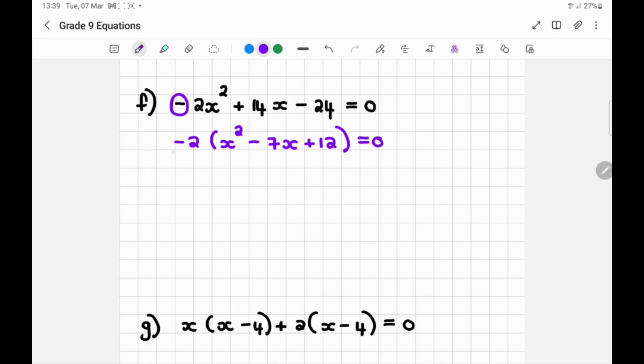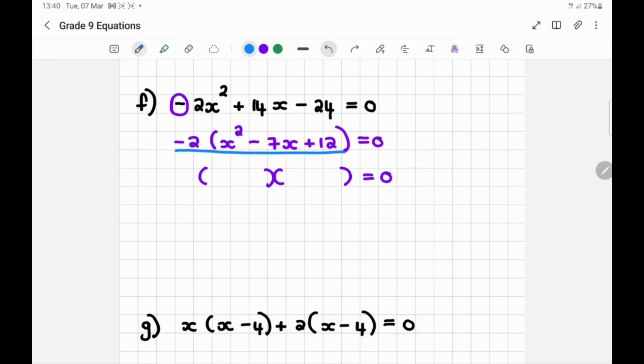So now remember that negative 2 actually is just going to fall away, because if you divide with negative 2 on each side, you will still be left with your trinomial equal to 0. So remember, if there's just a number, you can just let it fall away. Because what did I actually do? I divided with negative 2 on this side, and 0 divided by anything stays 0.